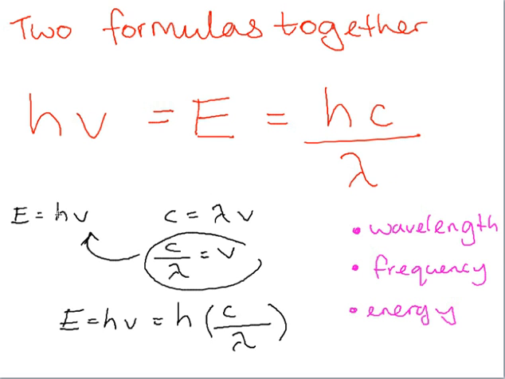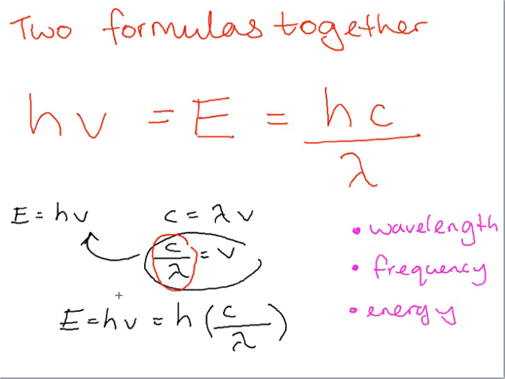Okay, so if E equals h times v, and we have here c equals lambda times v, we could just rearrange this to isolate v, and v is c over lambda. So we go back to this equation right here, and we would just use this as a substitute for v, because it equals v.